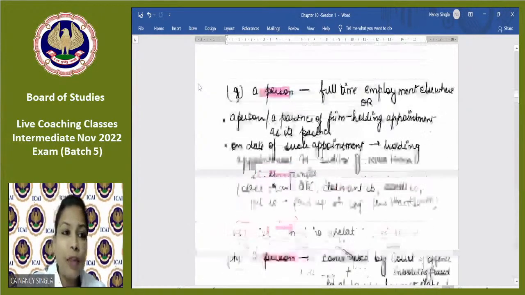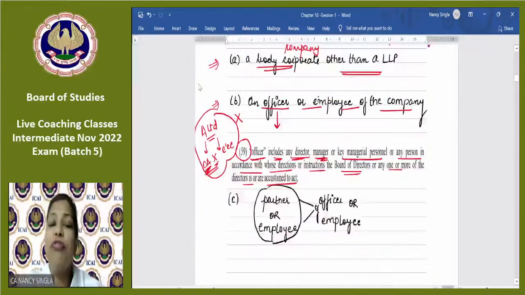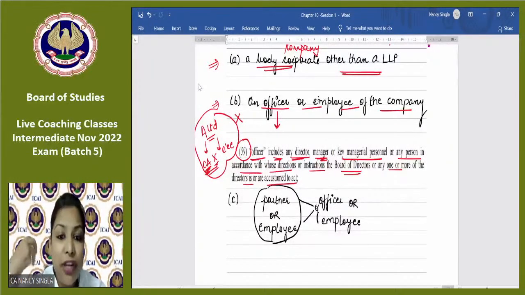Okay? So where were we? We were discussing clause B, an officer or employee of the company. Why? Because there will be a threat to independence. An officer or employee of the company will be biased because they have an interest in the client organization. If CA X is appointed as the auditor of A Limited, and he wants to give an opinion that the financial statements do not reflect a true and fair view, he will not be in a position to give that opinion.